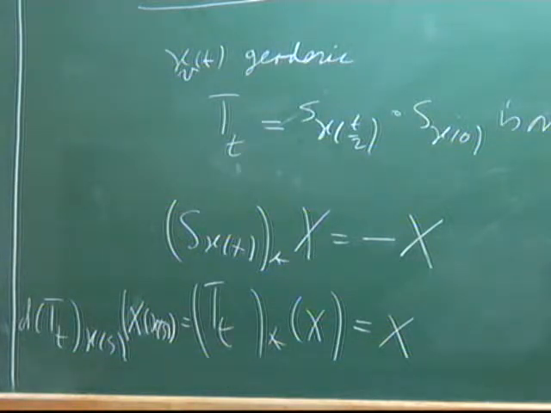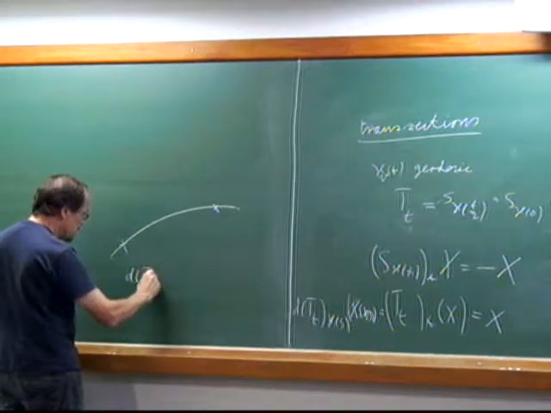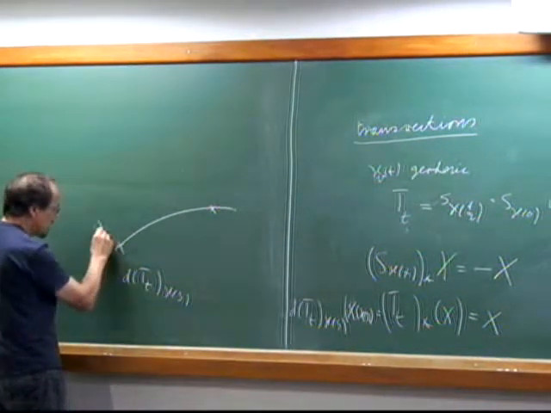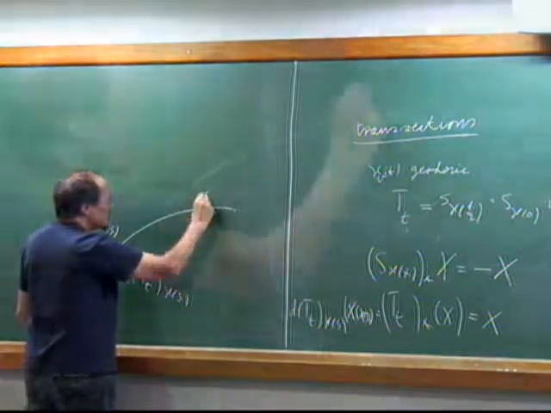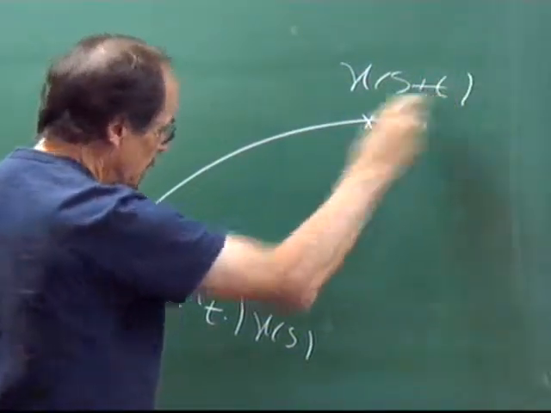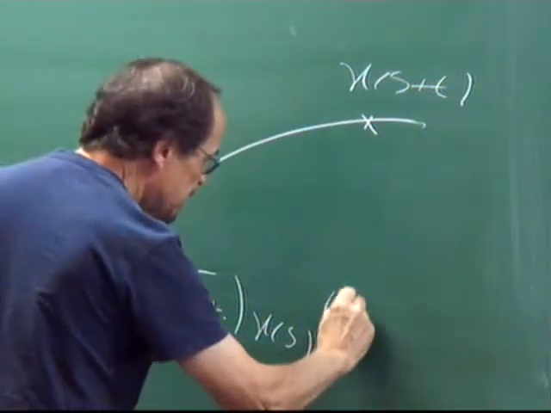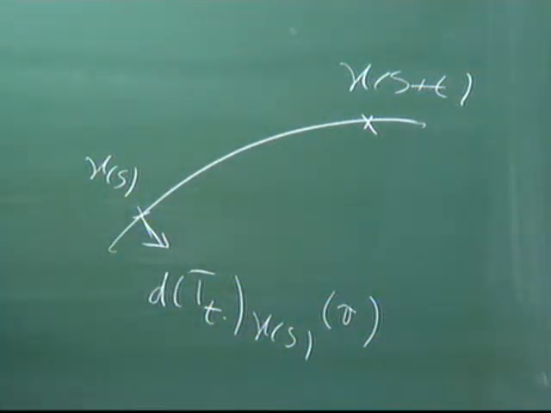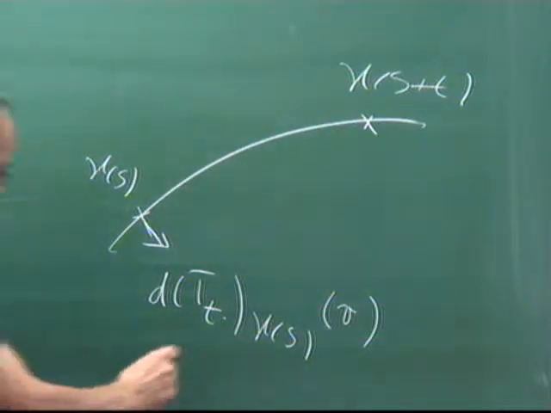That's exactly what the derivative does. If I want to understand the derivative along gamma of s, it takes gamma of s to gamma of s plus t. I want to see what it does to a vector v that's tangent at this point. So what do I say? Well, I take the unique parallel vector field which has value v at x.